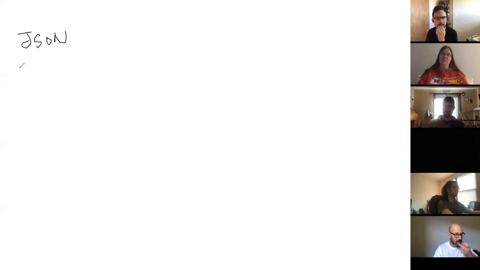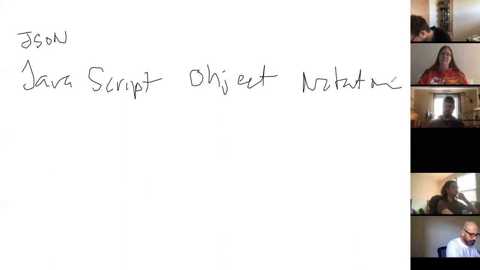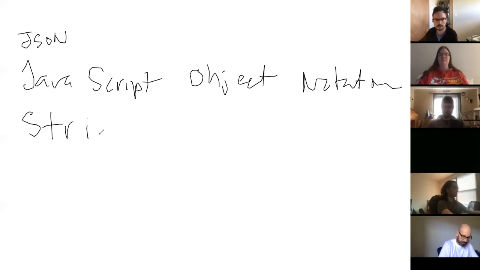Important things about JSON. Number one, JavaScript object notation. Number two, it's a string.